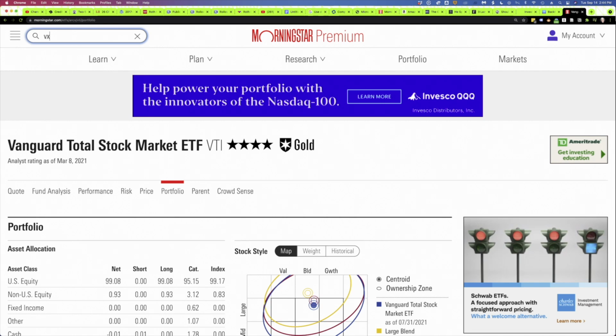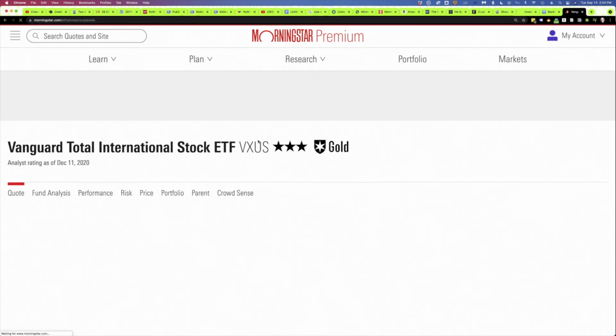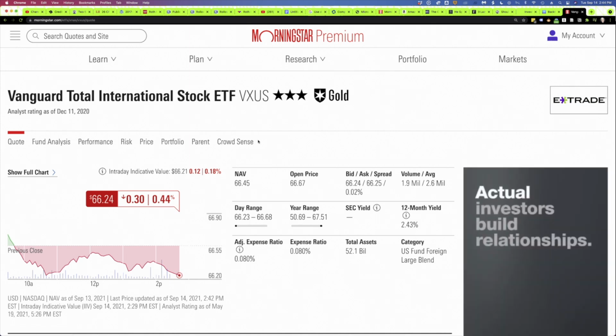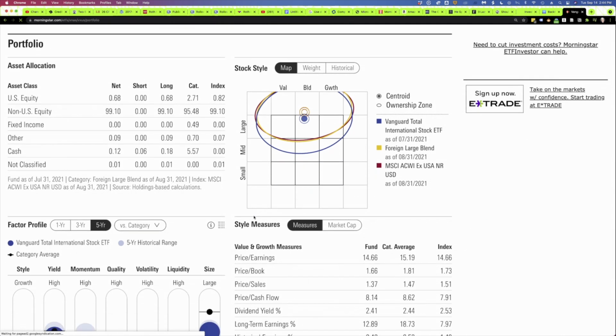Now let's compare that. Remember, that was 21. Let's compare it to an international fund. This is Vanguard's global fund, excluding the US. How does it compare to the 21 for US stocks? Well, you can see here it's significantly cheaper on a PE basis. We could look at the price to book, it would be similar.